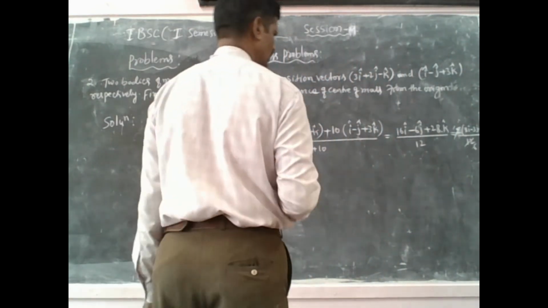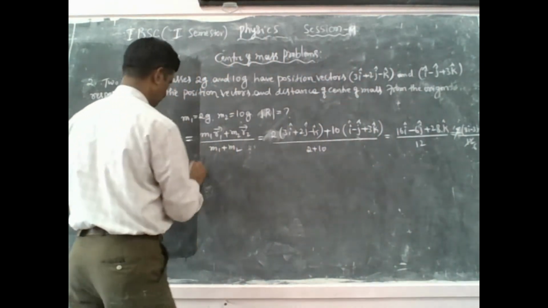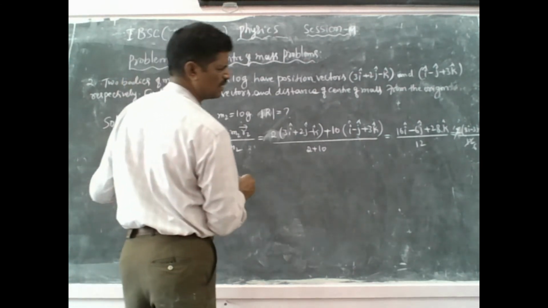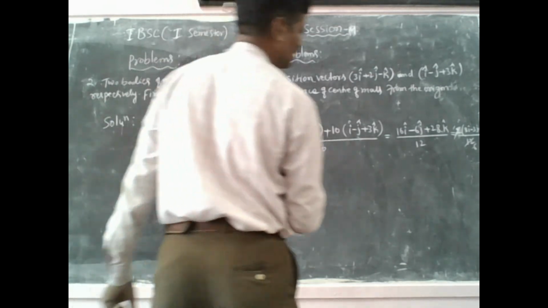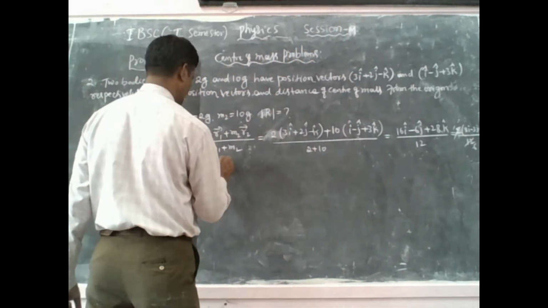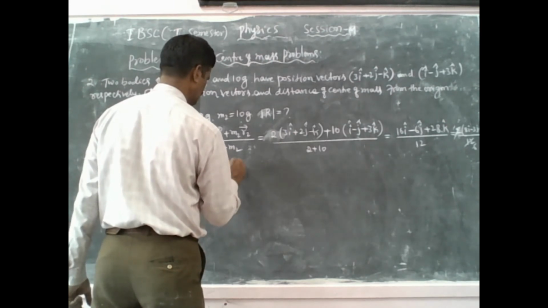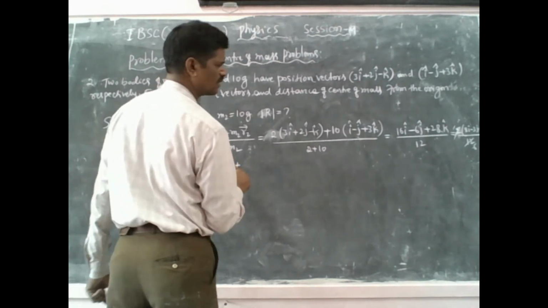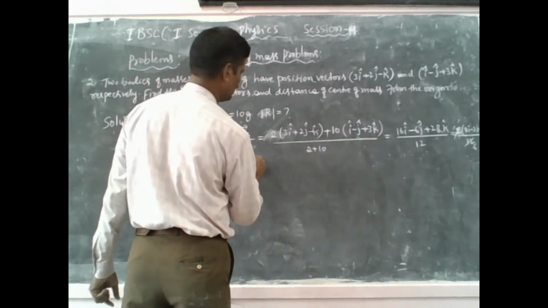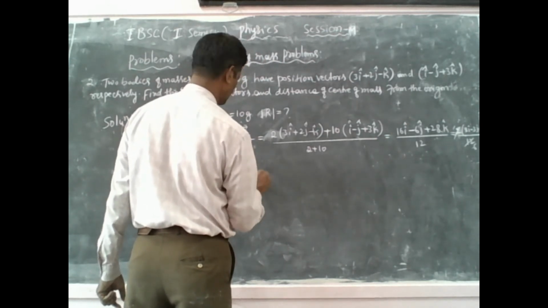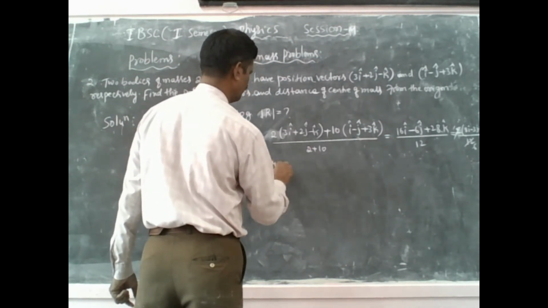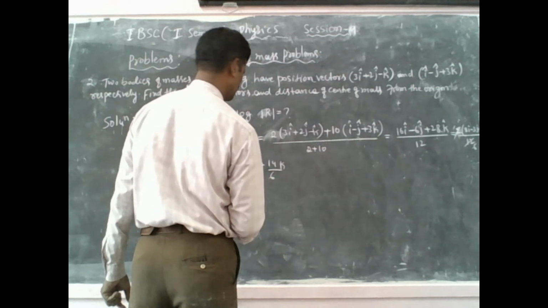So therefore, again, R_CM equals 8i divided by 6, minus 3j divided by 6, plus 14k divided by 6. Isn't it?